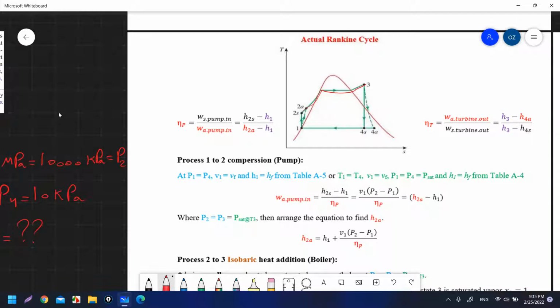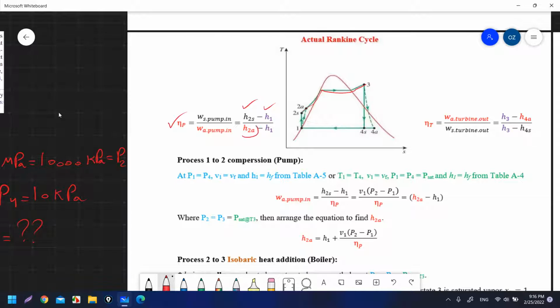The isentropic efficiency of the pump is the work of the isentropic or ideal compression process for the pump over the work for the actual pump. We have the isentropic efficiency, it is given, and H2S can be calculated like the ideal Rankine cycle. H1 also, at v1 equal to vf, H1 equal to Hf like the previous video.